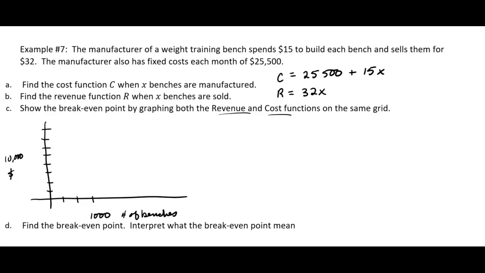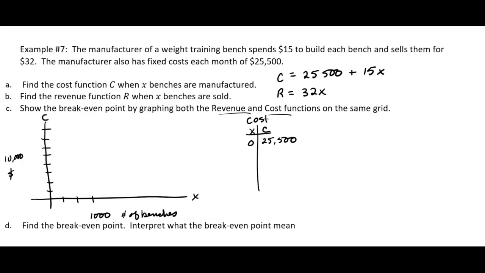Okay. So let's do the cost function first. I'll do a little table of values here. Hopefully it'll make some sense. So this is like my X and this is like my C axis here. If I don't make any shoes, I still have to pay for the rent on the building and all of that.